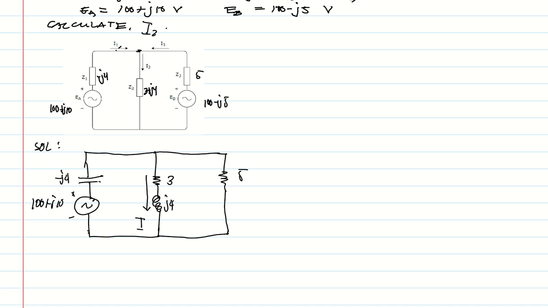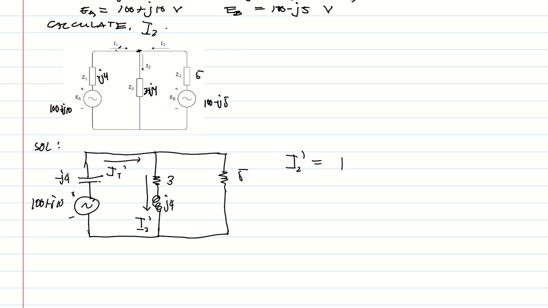We can call this one I2 prime, prime for the first, the effect of 100 plus J10. Then this is just a simple series-parallel combination circuit. So we have a total current, we can name it I total prime. Then we calculate I2 prime. To calculate I2 prime, we just need to use the current divider theorem. So what's the current divider theorem?